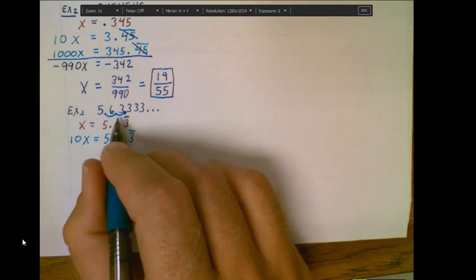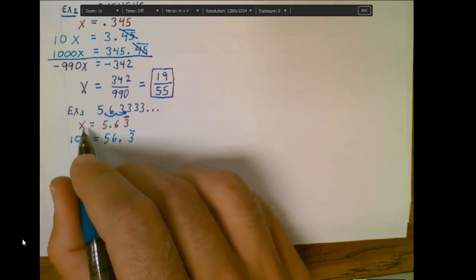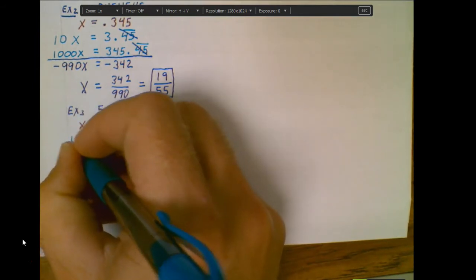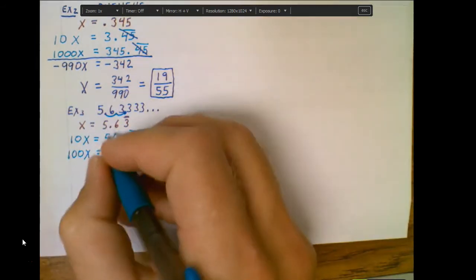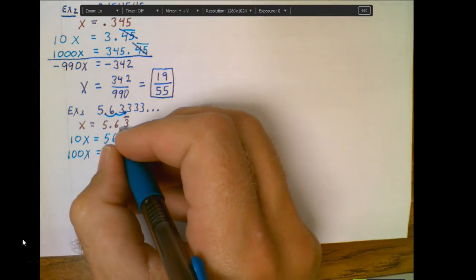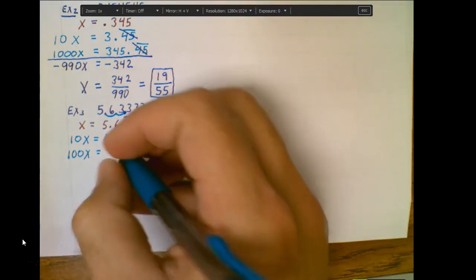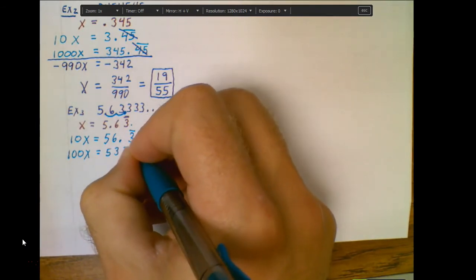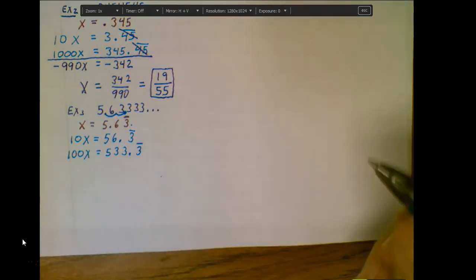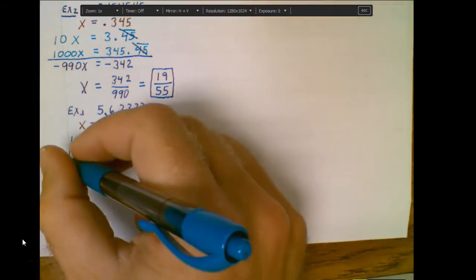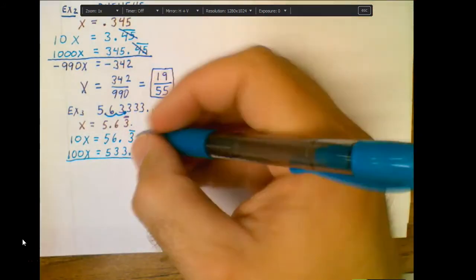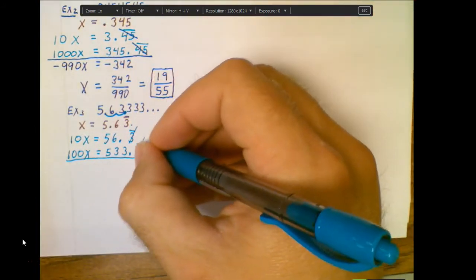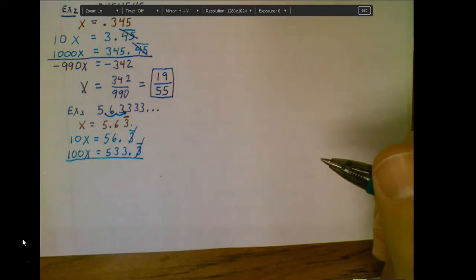To bump it over 2 places, I'm going to multiply this expression by 100. So that's going to bump this decimal over 2 places and put it right here. So 563.3 repeating. So again, you can see now when I subtract straight down, my repetition will cancel out for me, which is what we're trying to accomplish.